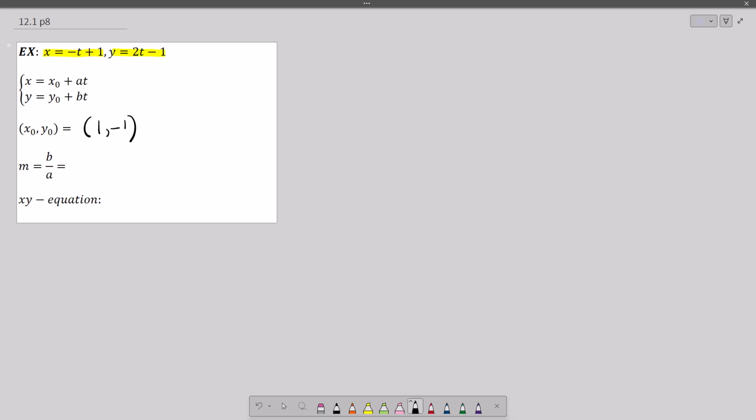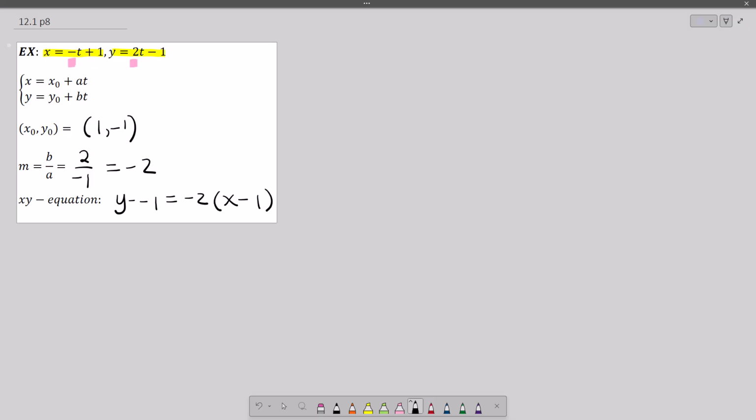B over a. So we're trying to find the slope of our line. We take the two individual slopes and form a fraction, b over a. So 2 divided by -1, so the slope is -2. So the xy equation, point slope formula: y minus minus 1 equals slope times x minus 1.